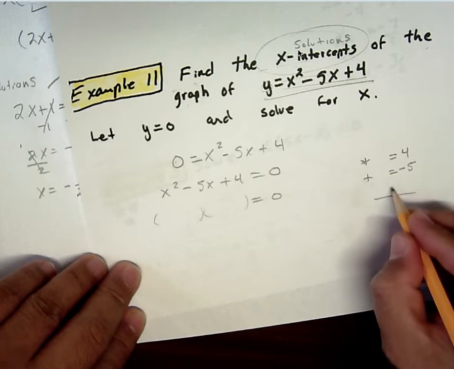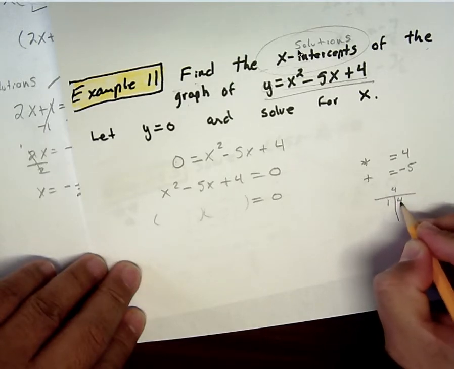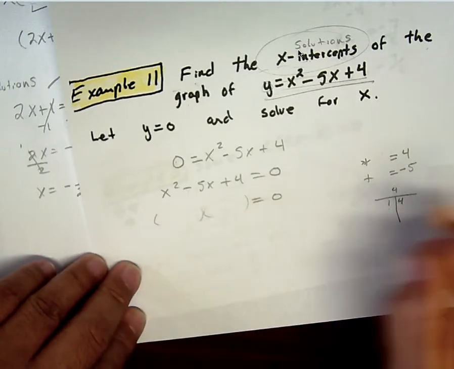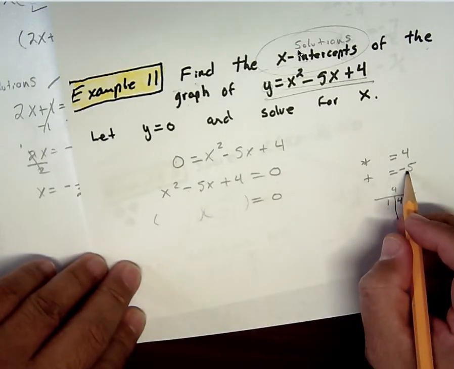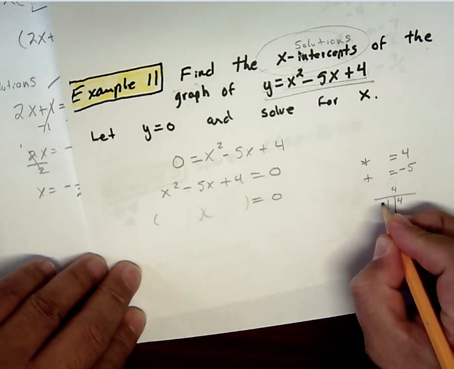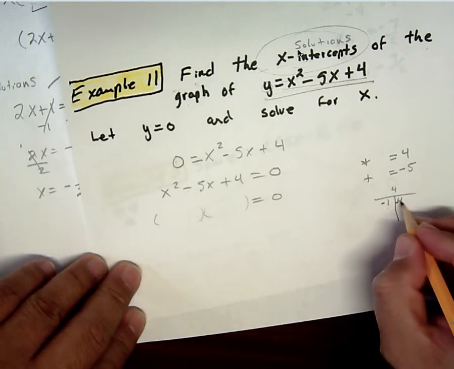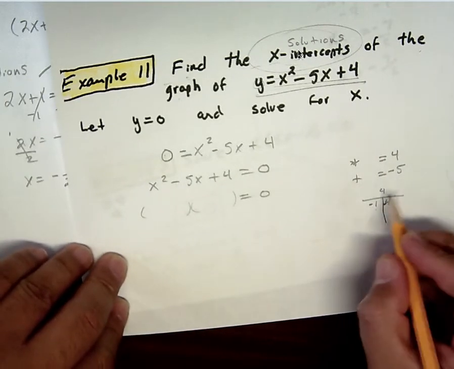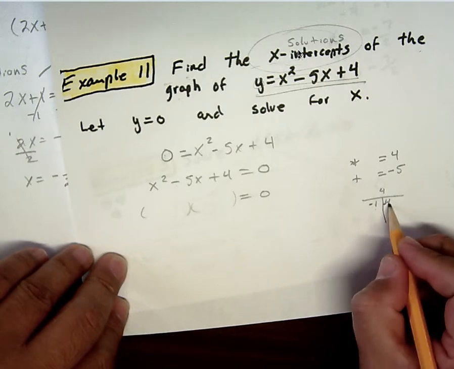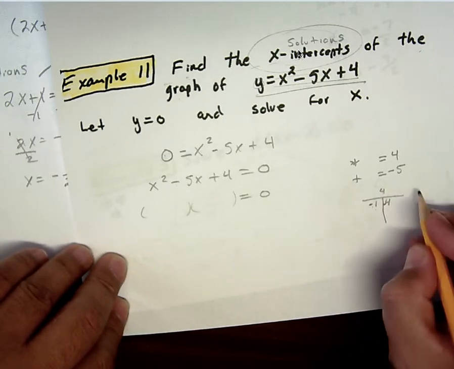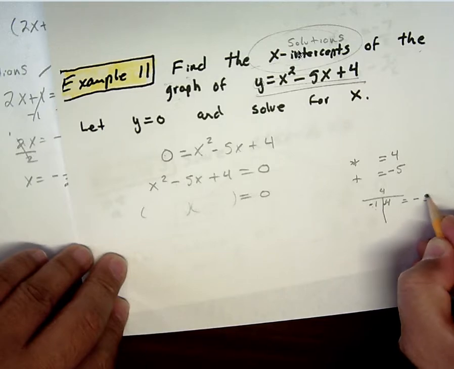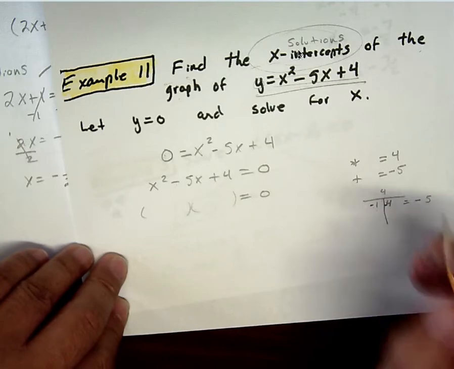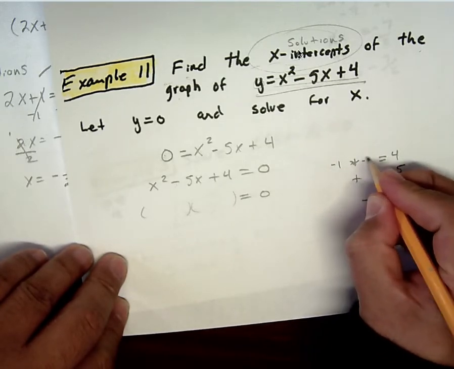If you want to do the table, that's fine. 1 times 4, and that's negative, so you know that both will have to be negative. Because 1 times 4 positive would give you the product, but you'd never get the sum, since that's negative. So negative times negative gives you positive, and when you add, it gives you -5. -1 plus -4 will give you -5. So those are the factors.